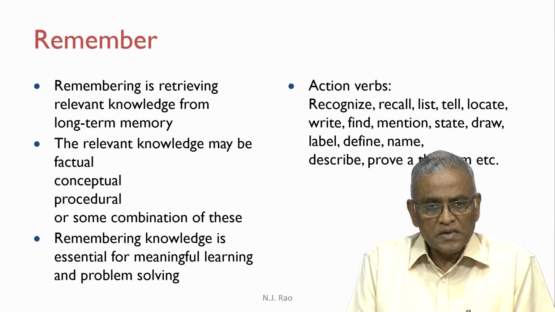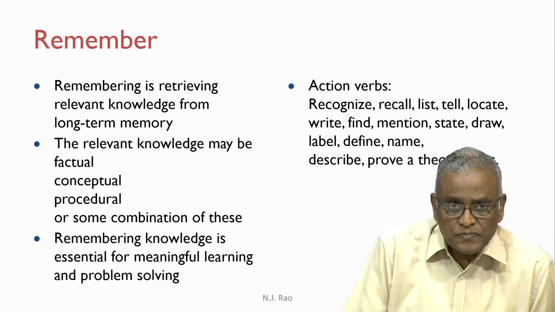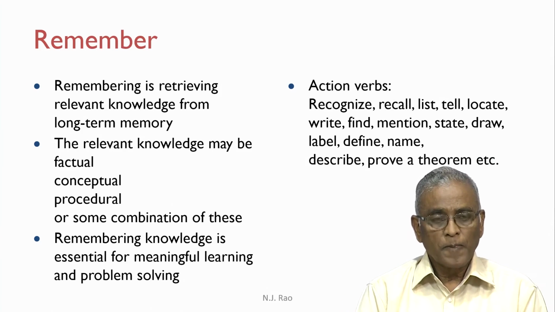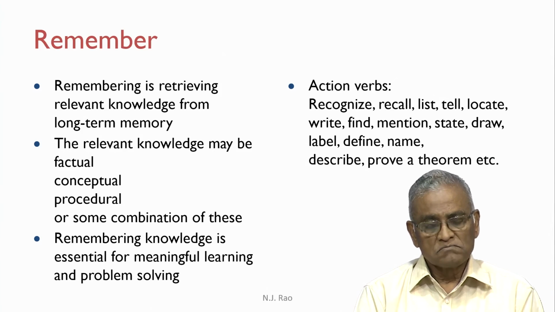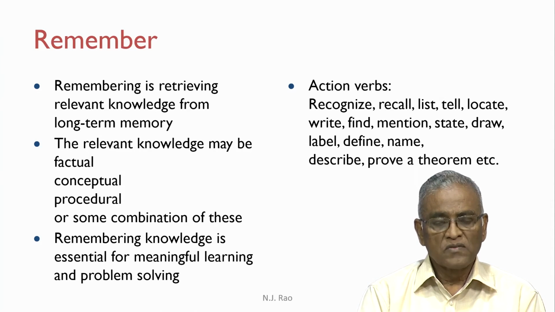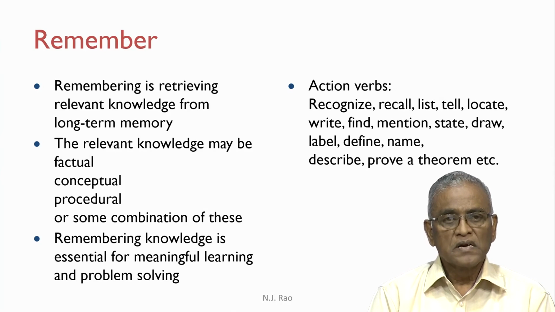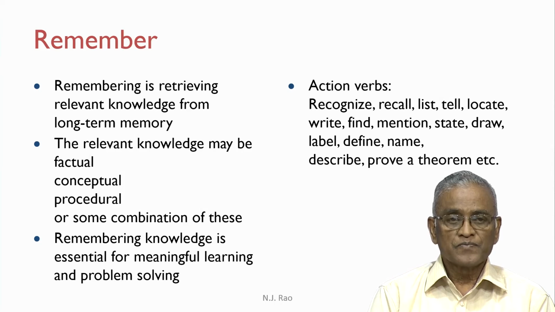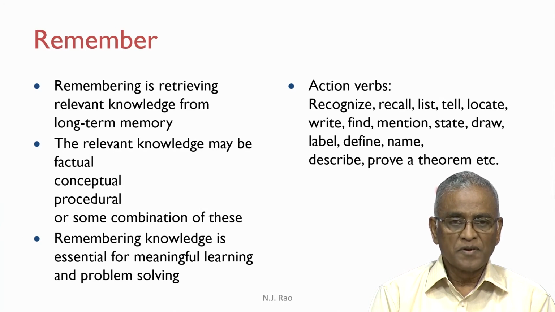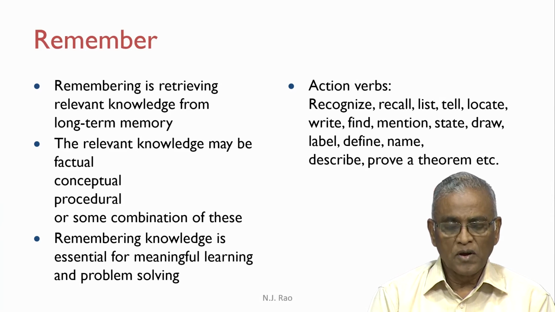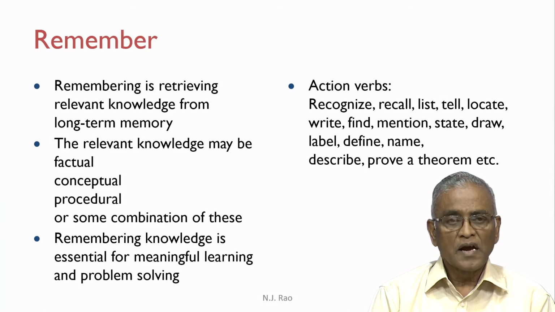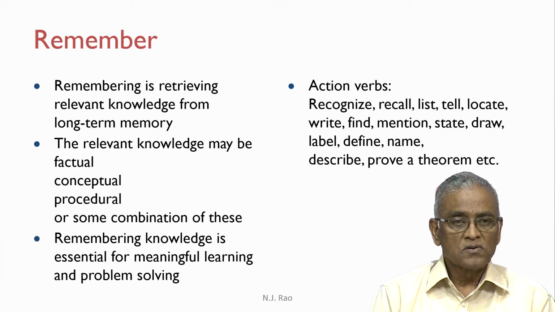Okay, let us look at remember. That is the lowest level activity, you can say. Remembering is retrieving relevant knowledge from the long term memory. That is, you have put something in the memory, and you are required to recall it whenever you want.